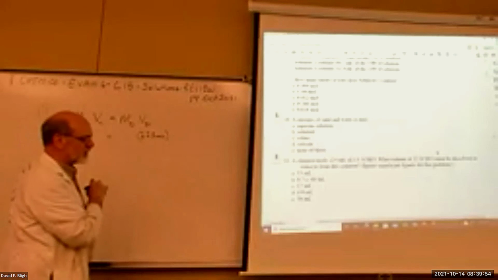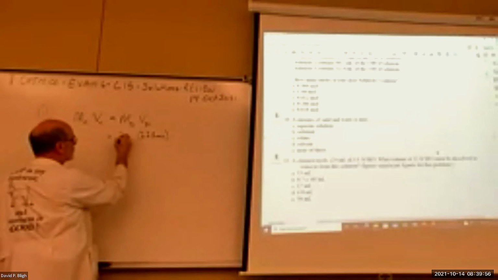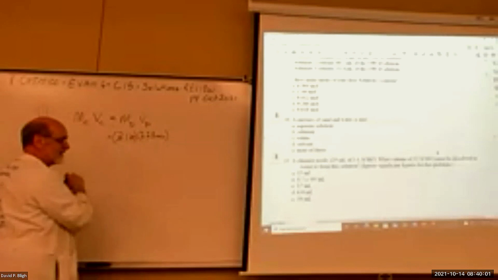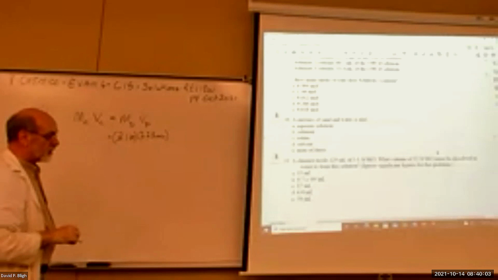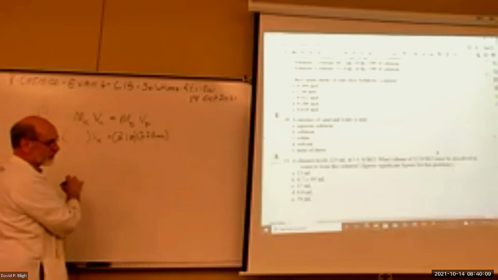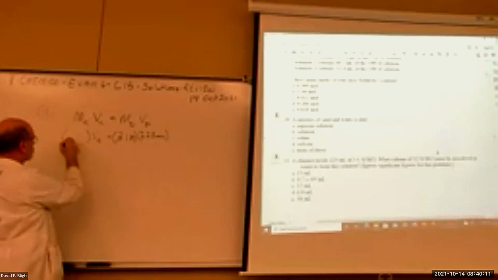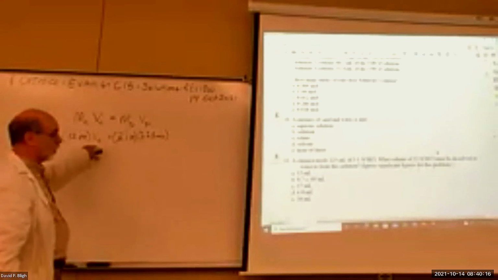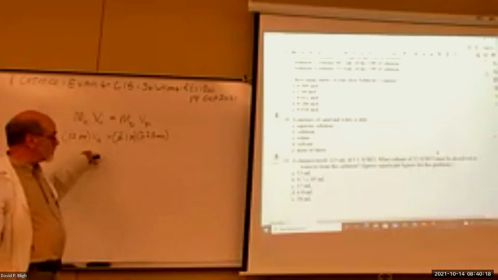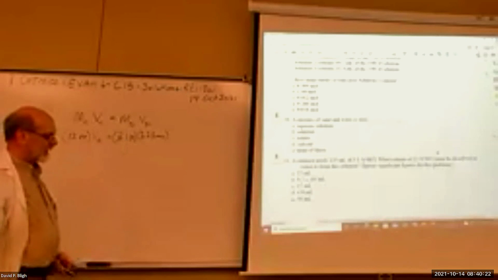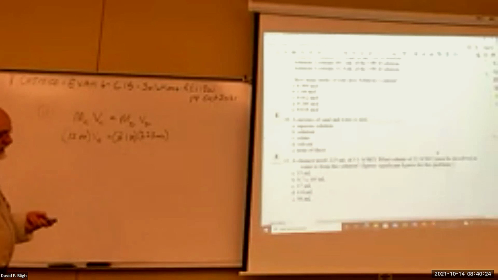Molarity of the diluted, we need 3.1 molar. The question is, what volume of the concentrated do we need? And we're working from 12 molar. Now all we have to do is solve for the volume of the concentrated solution that needs to be diluted to that volume. And to save time, we need 58 milliliters.